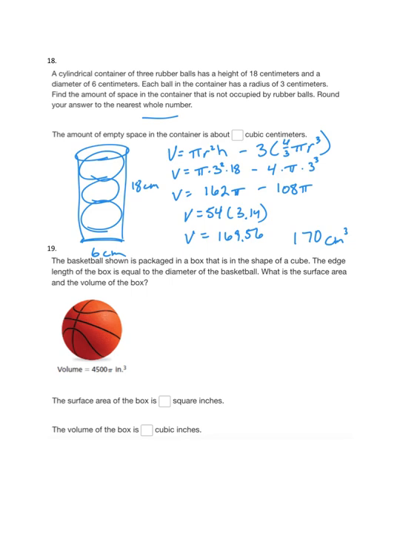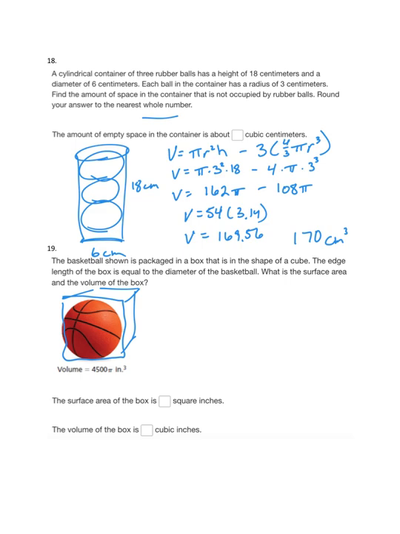All right, and last one, we have this basketball. It's packaged in a box that's the shape of a cube. The edge length of the box is equal to the diameter of the basketball. So our box is going to go directly around the basketball like that, okay? And let's see.